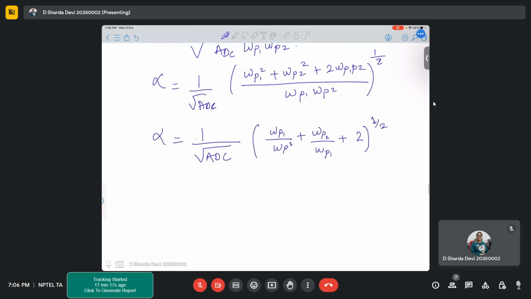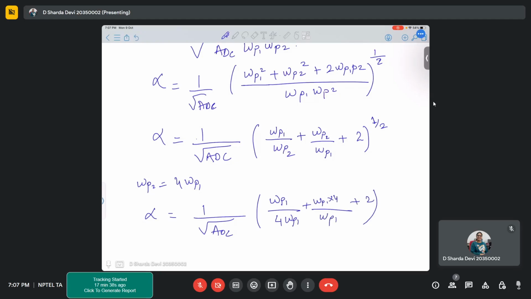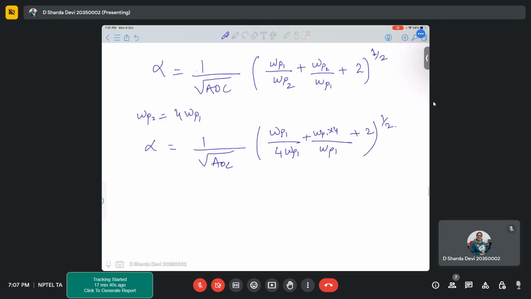1 by 2. Now here we know that omega p2 is 4 omega p1. So it will be 1 by root ADC, omega p1 by 4 omega p1 plus omega p1 into 4 by omega p1 plus 2, to the power 1 by 2.